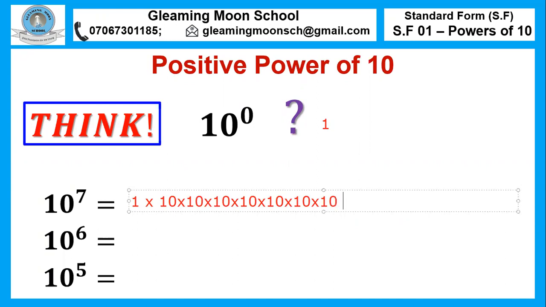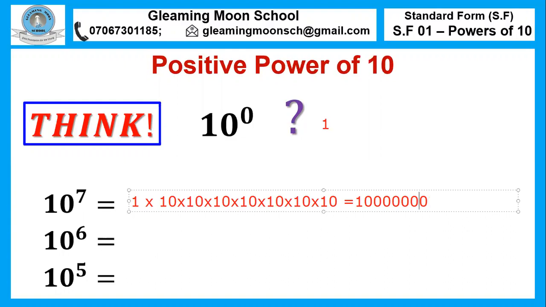So let's see what our answer is going to be. How many zeros have we got here? 1, 2, 3, 4, 5, 6, 7 zeros. So you simply write 1 and add on 7 zeros. In order to know what number we have, we count 3 backwards every time and separate them with a comma.